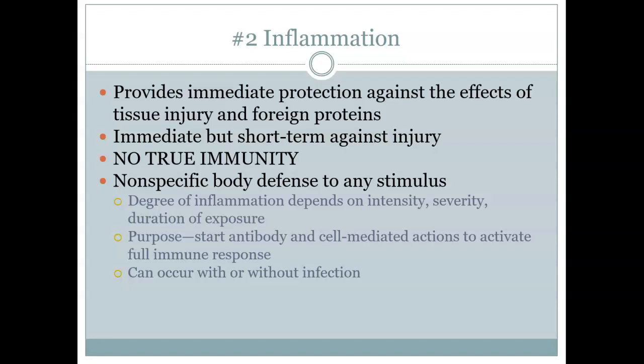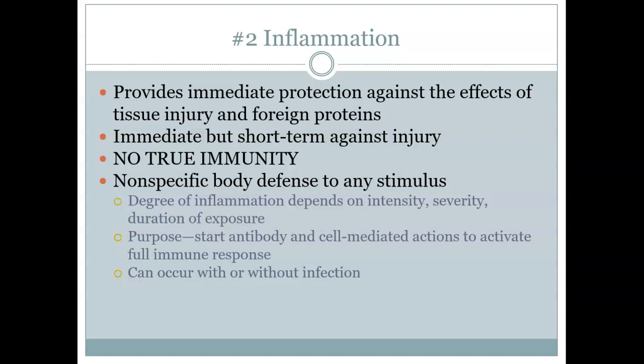It's an immediate protection against the effects of tissue injury and invasion. It's short term. Inflammation does not produce immunity. This is just our body's natural response, our second line of defense. The degree of inflammation depends on the intensity, severity, and duration of exposure of the foreign protein that's stimulating the response.